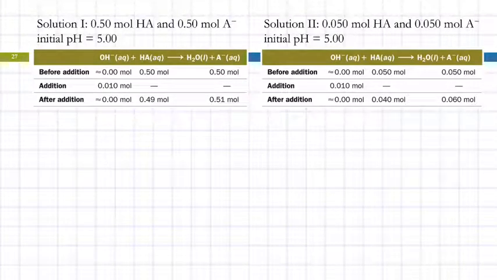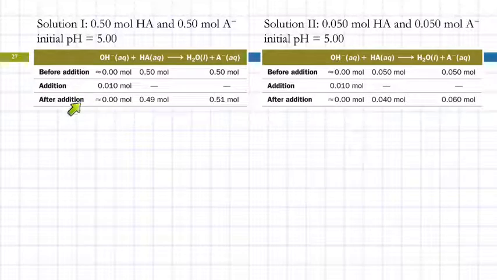So here we've got 0.5 moles of each. So this is nice. We've got equal quantities. So this is going to be effective, and its pH is going to be 5. Over here, we also have equal amounts of the acid and the base, but they're 10 times lower, 0.05 instead of 0.5. Because they are equal, the pH is equal to the pKa.